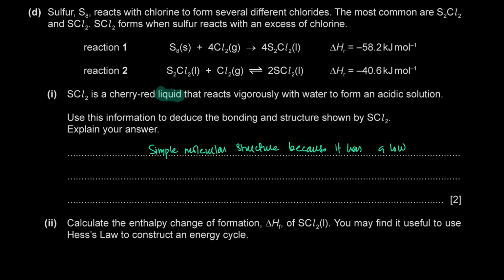Again, that's suggested by the fact that it's a liquid at room temperature, which is given to us in the question. So the bonding is covalent, so it's a simple covalent or simple molecular structure. And we know that it has covalent bonds which can be hydrolyzed by water, and that's why it forms an acidic solution, because it can react with water.